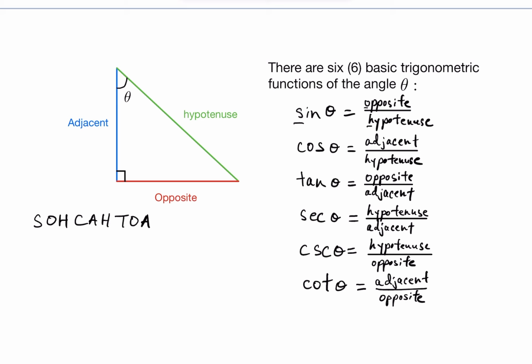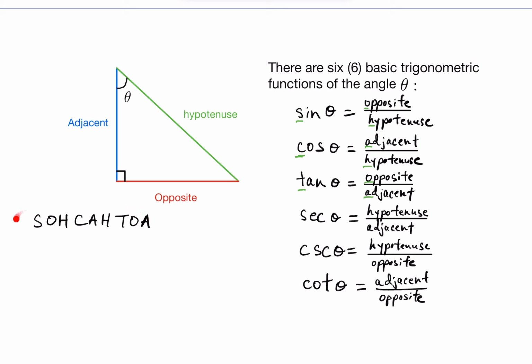I should probably notate this in a different color so you can see this. Sine is opposite over hypotenuse. Cosine is adjacent over hypotenuse. And then lastly, we have tangent is equal to opposite over adjacent.